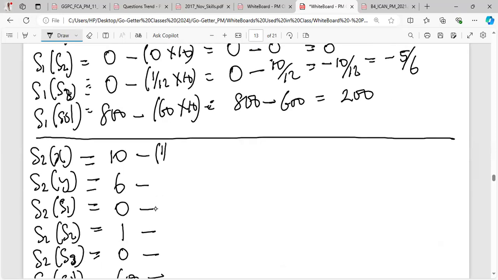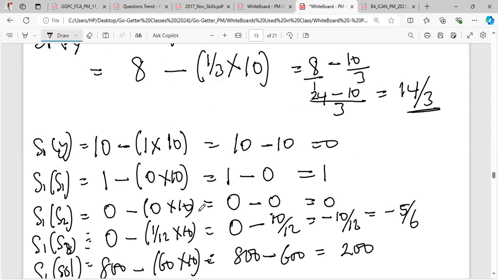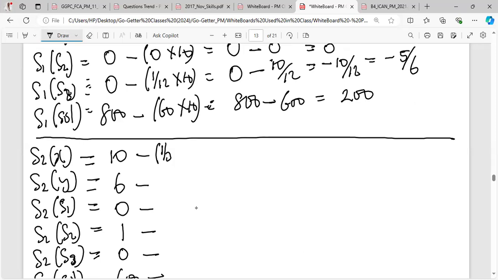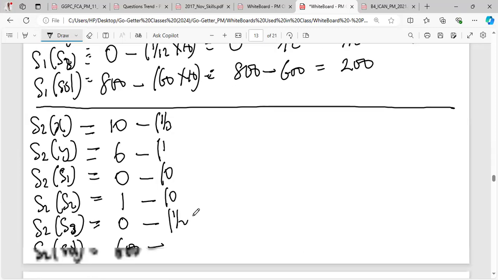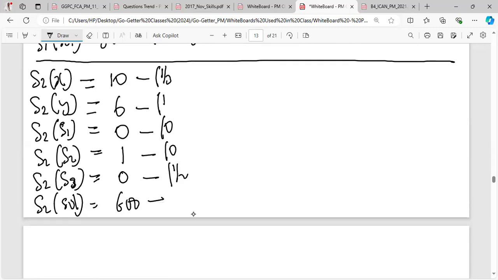There's a pattern: 1 over 3, 1, 0, 0, 1 over 12, and we have 60.